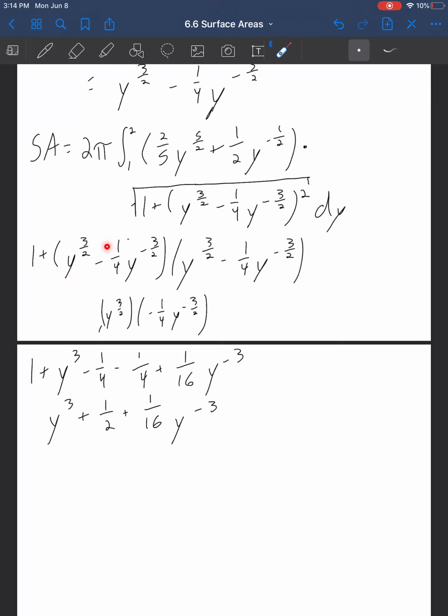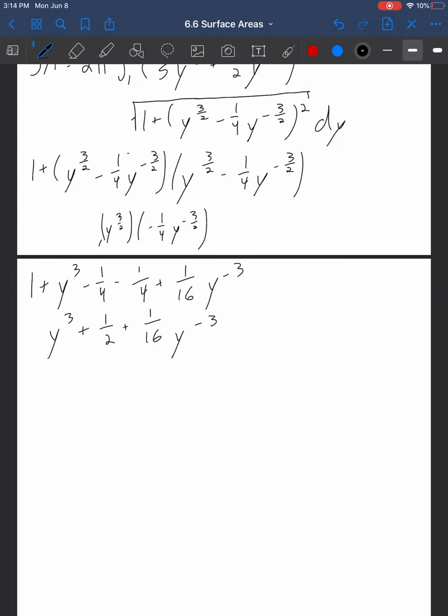So if we come back to our original term without the 1 right here, and we take both of these and make them positive, that makes this and this positive, which leaves us with this positive 1/2. So we get that this is actually equal to y to the 3 halves plus now 1/4 y to the negative 3 halves squared.